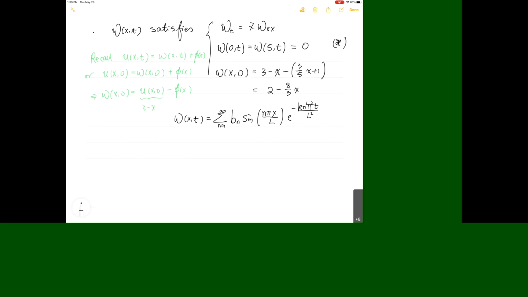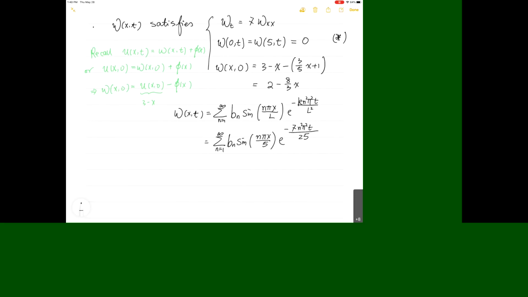So let's plug in the parameters: sum from n equals 1 to infinity of b_n sine of n pi x over 5, where L equals 5, and k equals 7, so negative 7 n squared pi squared t over L squared, which is 25. So that's the function w.